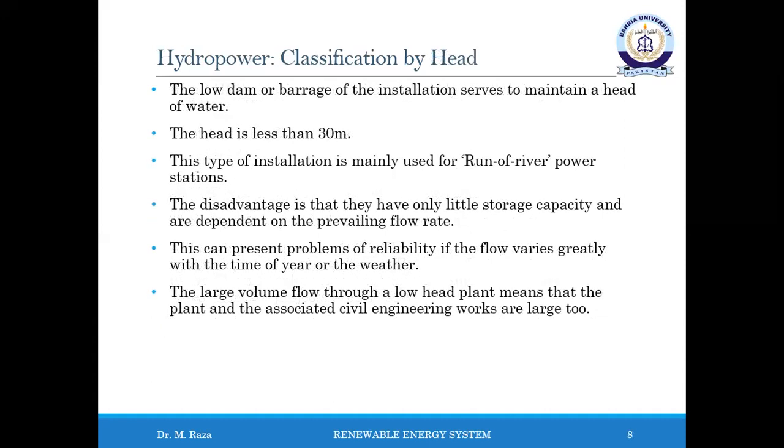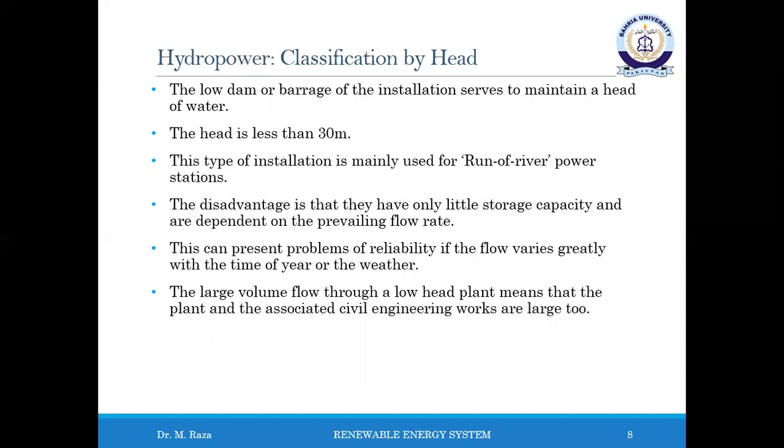Depending on the head being used for electricity production, hydropower plant schemes are divided into three categories. That is, high head, in which head height is more than 100 meters. The medium head dam has head height between 30 meters and 100 meters, and low head height is below 30 meters.